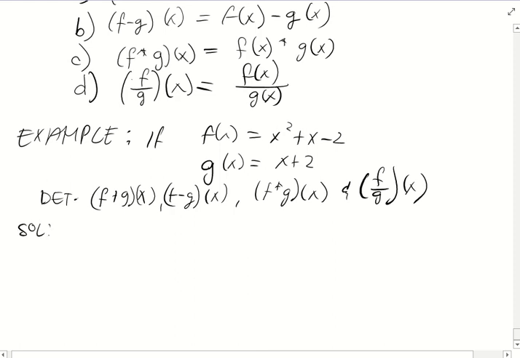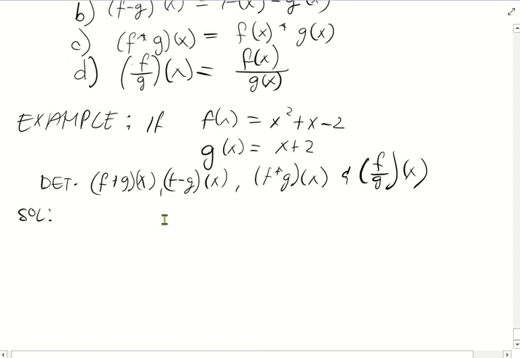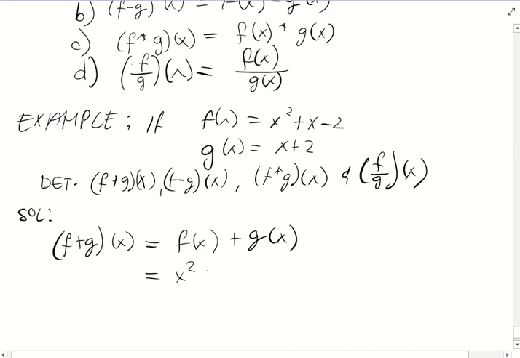So solution. For the first problem, what is f plus g of x? We just add them. So this is f of x plus g of x. Our f of x is x squared plus x minus 2, that's given, plus g of x, which is x plus 2.